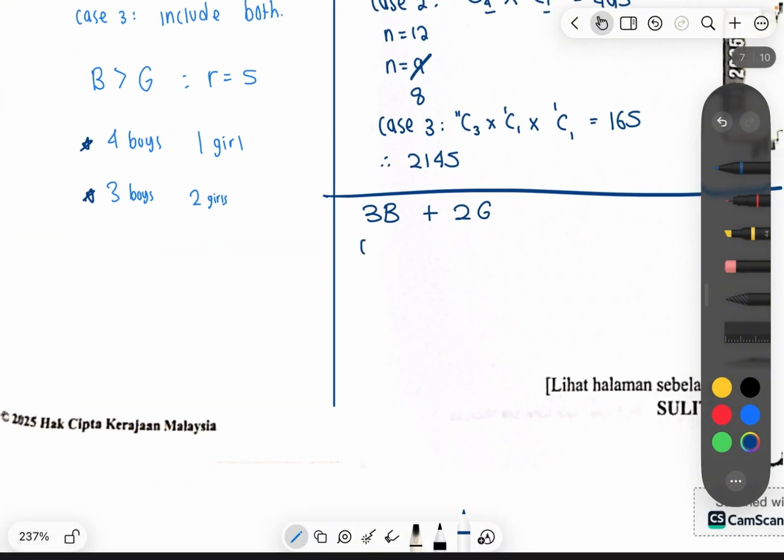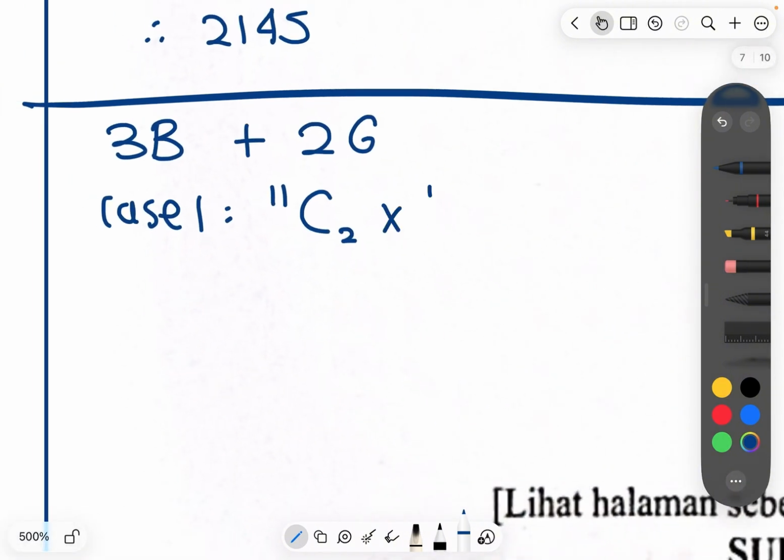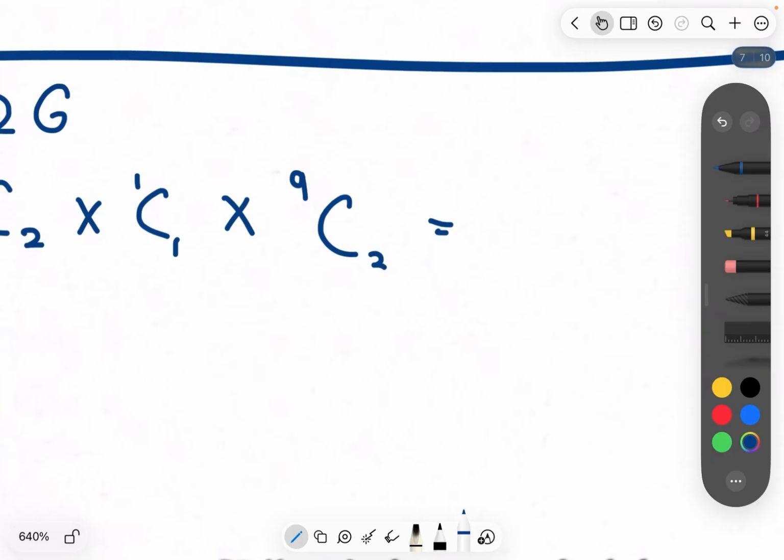For case 1, it becomes 11, so I choose 2 boys because I'm going to choose Zam only, so girls will be 9C2. So this will be equal to 1980.